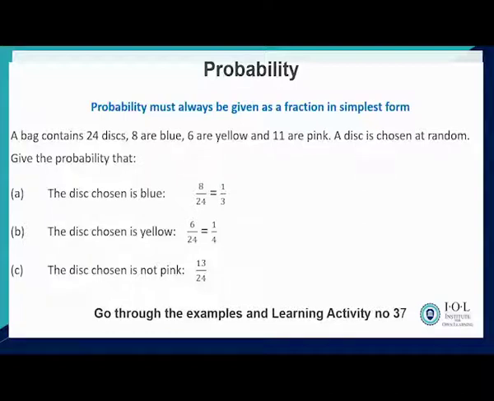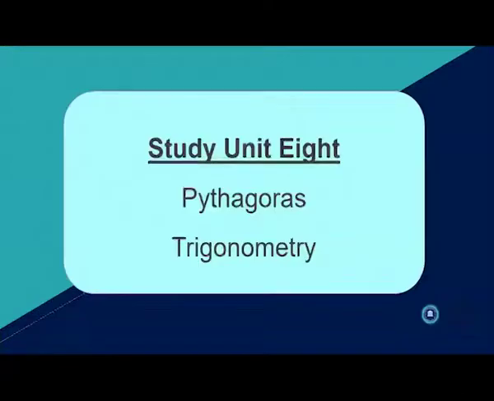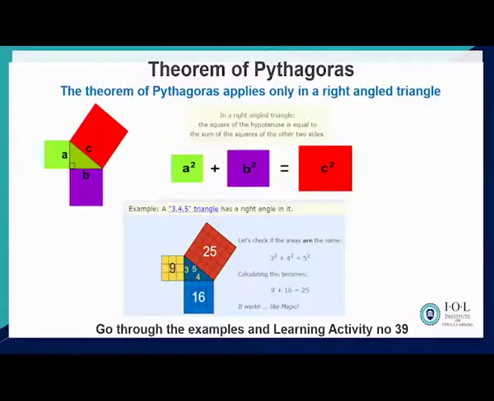So our next one is Pythagoras, the last study unit, and trigonometry. And remember, from all study units, there will be questions, at least 12 or 13 marks from each study unit. I won't leave out anything.